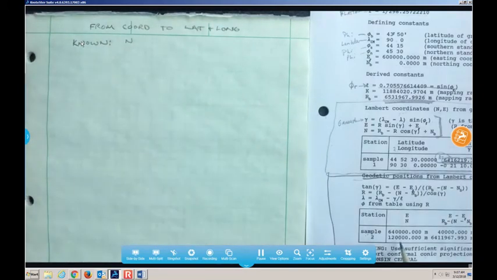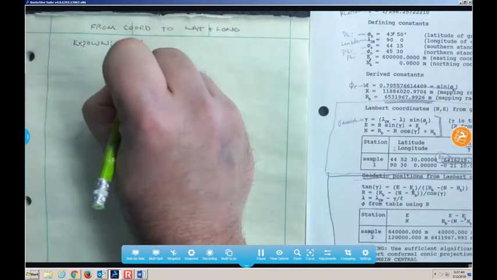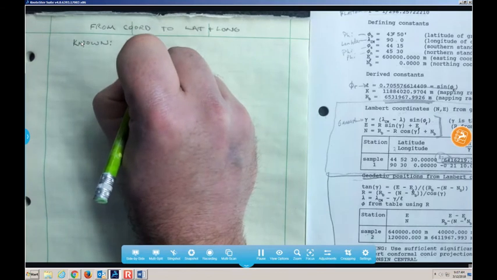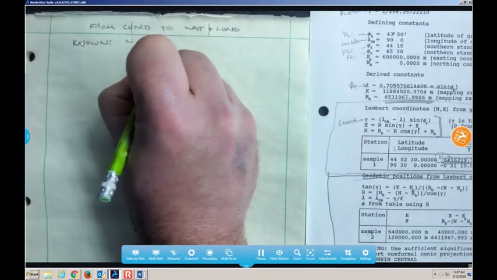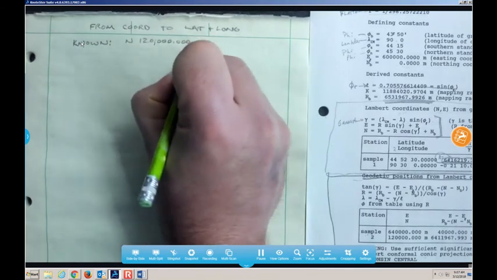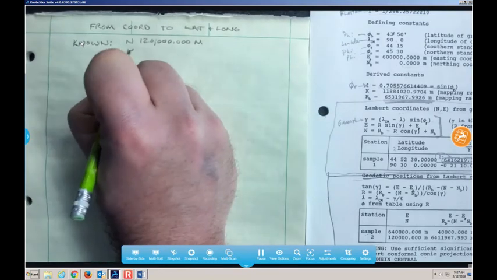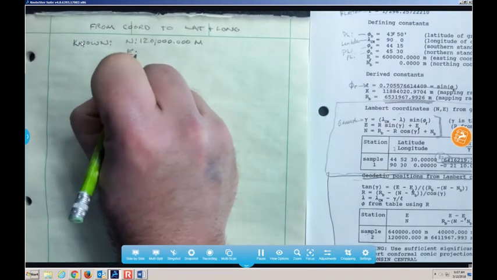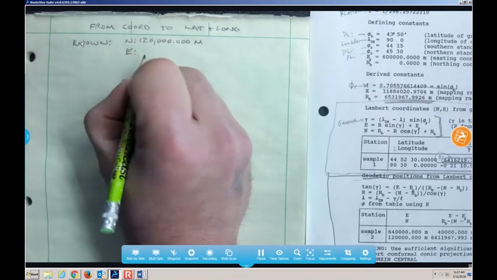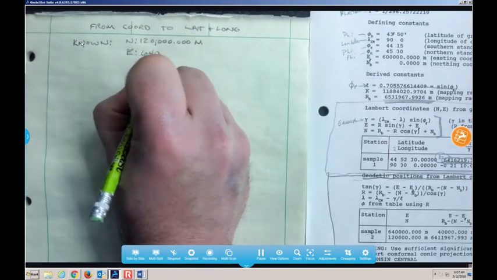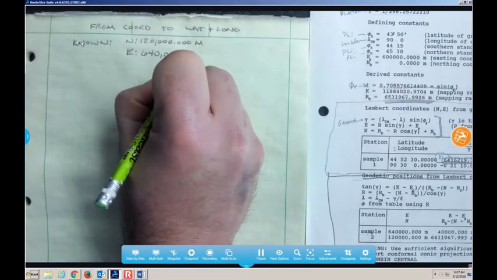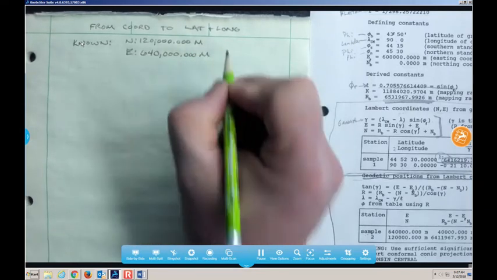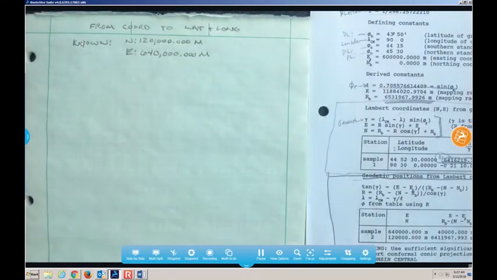If I look on here, northing is 120,000 meters, and our easting is 640,000 meters. So that's our known.